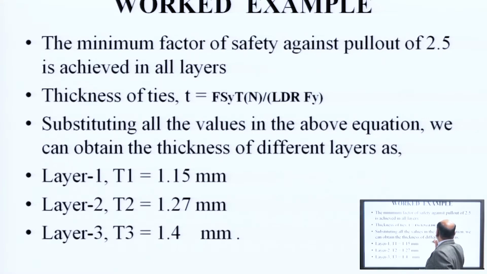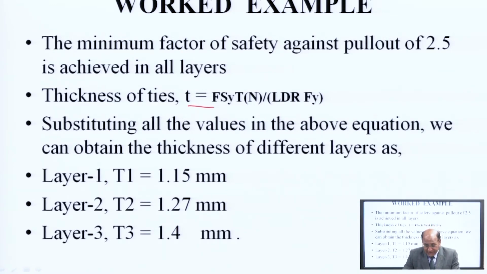The minimum factor of safety against pull out of 2.5, which is given in the question, is achieved by all layers. So the thickness of tie T will be equal to FS·Y·Tn divided by L·DR·Fy.